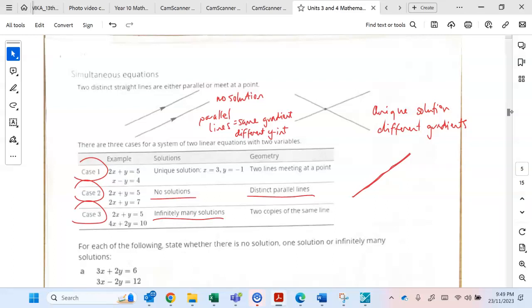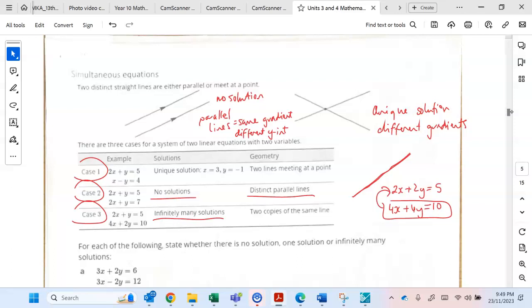And an example of that could be the line 2x plus 2y equals 5. And anything that is a multiple of that, so 4x plus 4y equals 10, is actually the same line, because if I was to factorize this or divide everything by 2, I would end up with this same line.